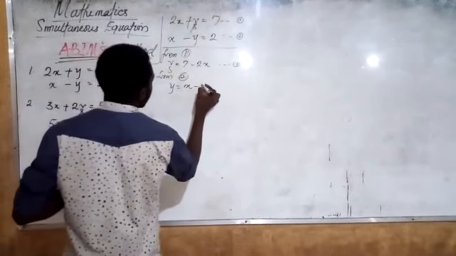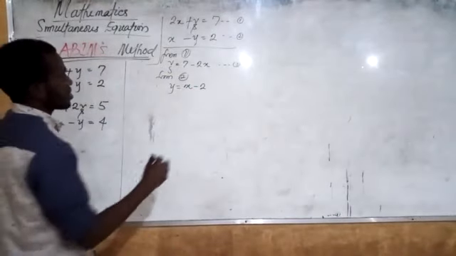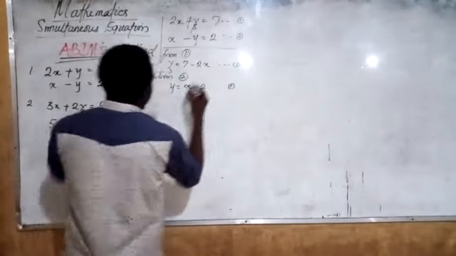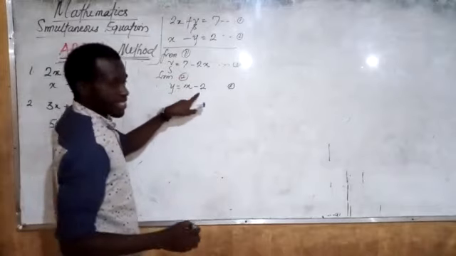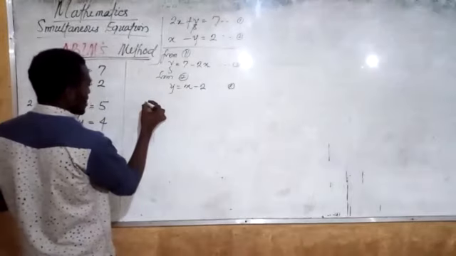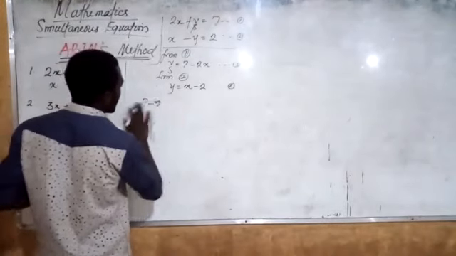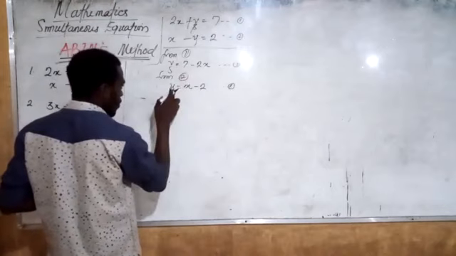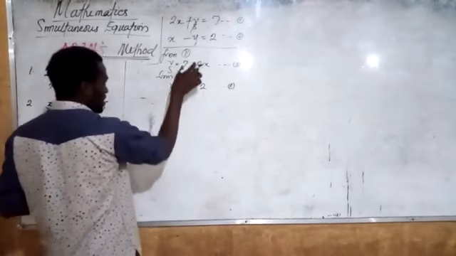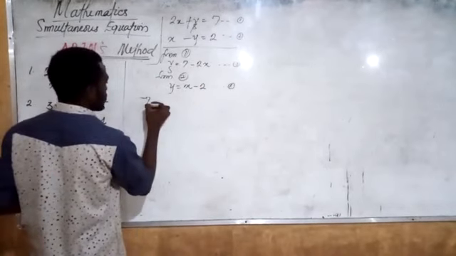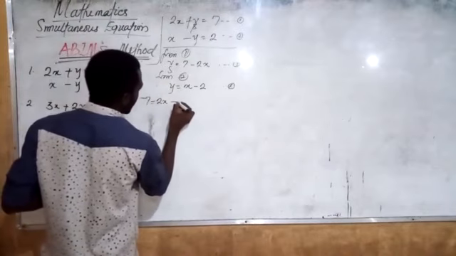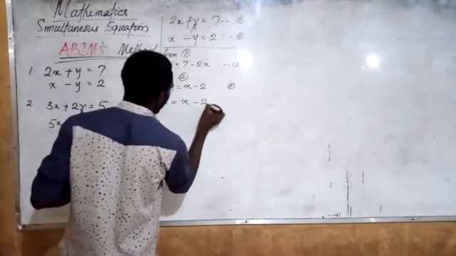So this is equation 4. If y is this, and this same y is this, then it means that this must be this. So 7 minus 2x equals x minus 2.